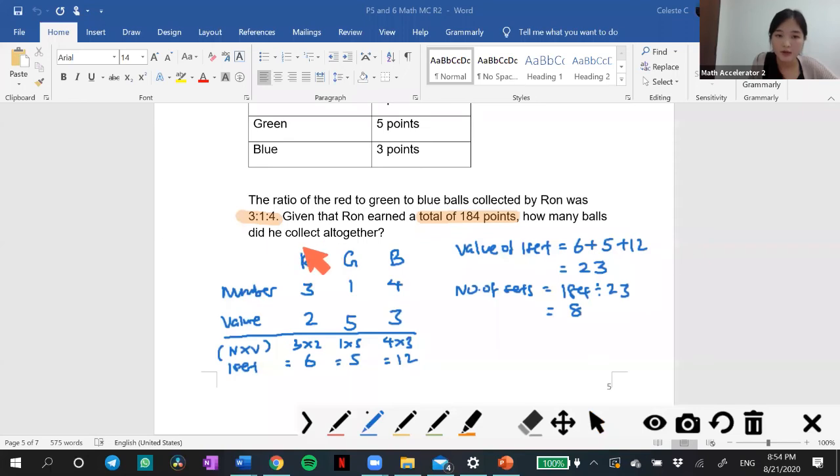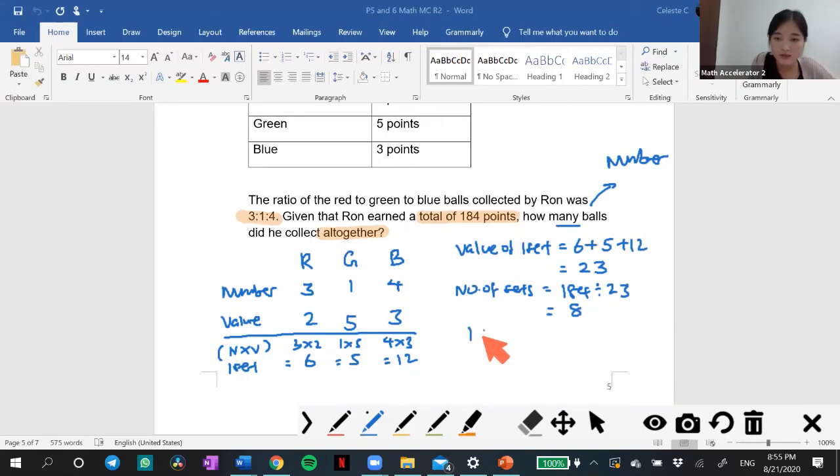How many balls did he collect altogether? They're talking about everything altogether. So make sure you look at the question. They're asking you for all of the balls. Okay. How many balls? They're asking you for number. So don't go and add the value up here. They're asking you for the number.